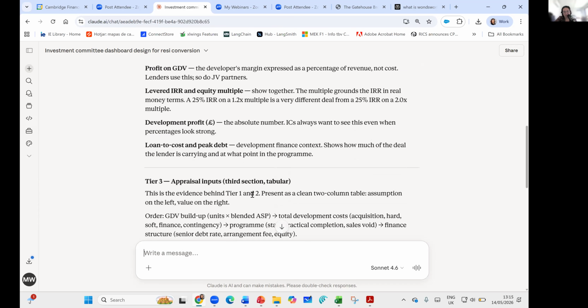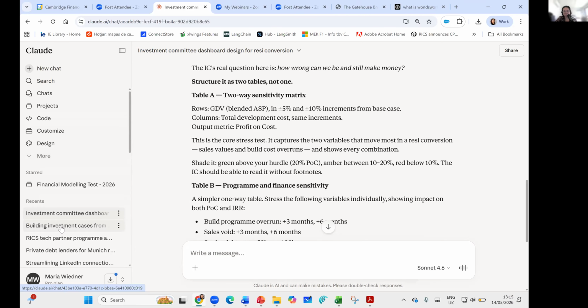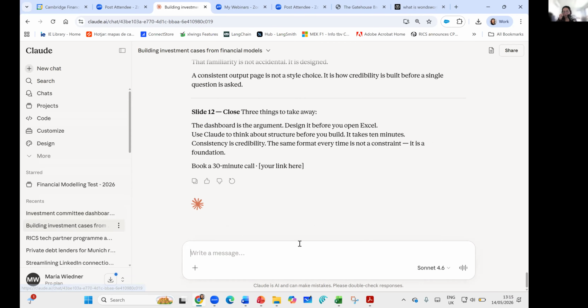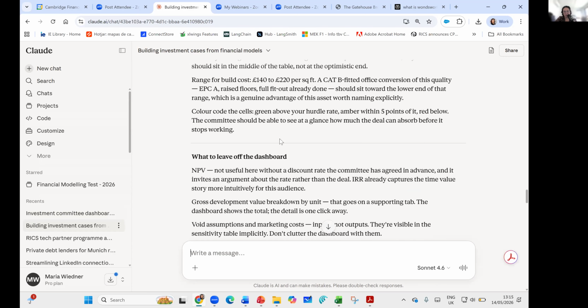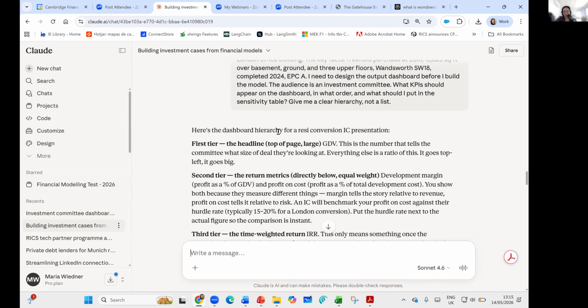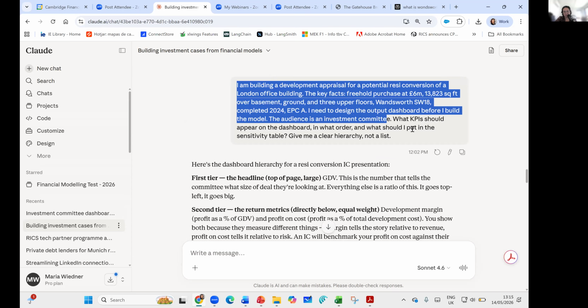But then you're going to say, okay, this should be based on, I'm just going to open my other chat that I built, because the idea here is we can say, okay, we have already done this building. So I'm building a development appraisal.